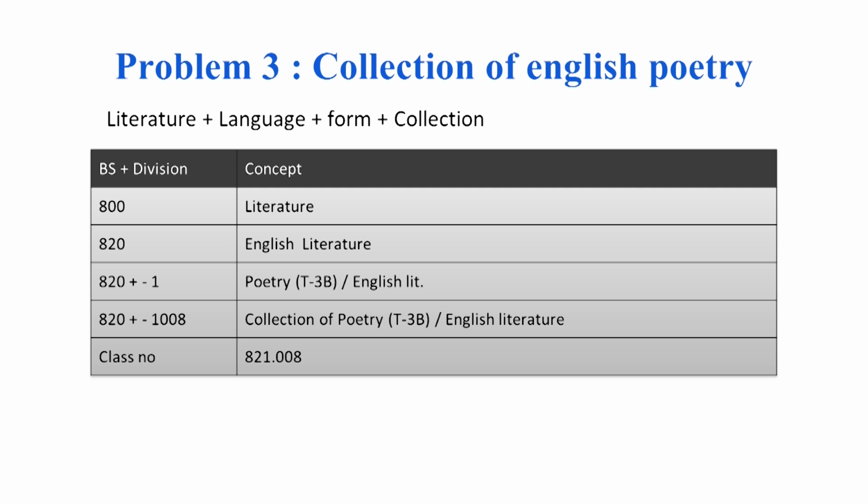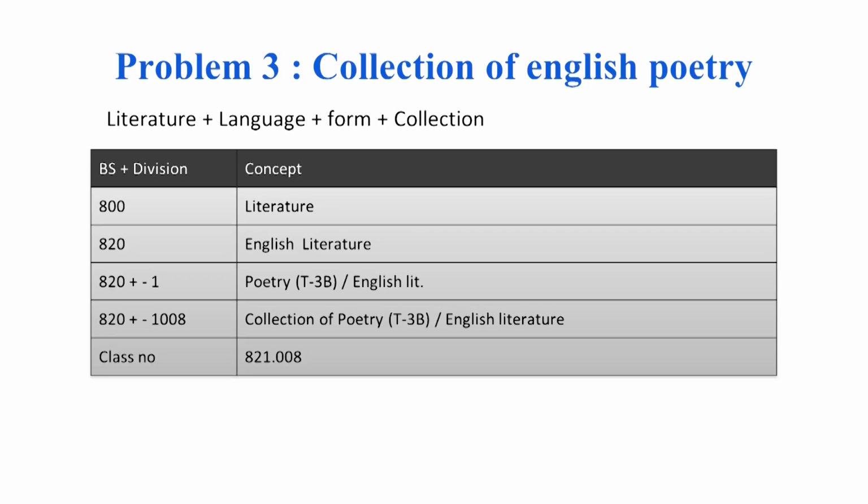Then 820 plus -1008, that is directly given, -1008 collection of poetry from table 3b. We have obtained the number from table 3b. Total components: collection, then poetry, then English, then literature. So collection of poetry, English literature, those are the concepts.